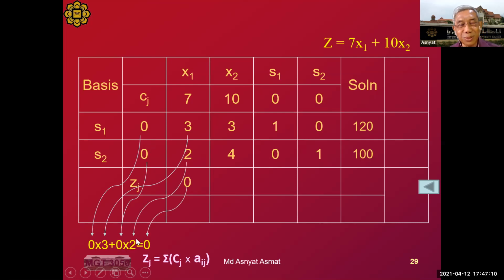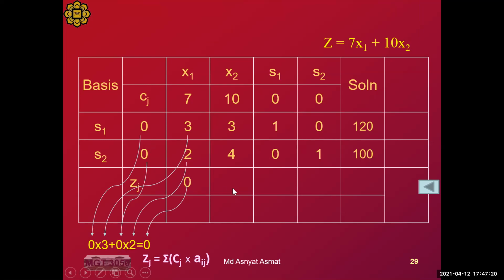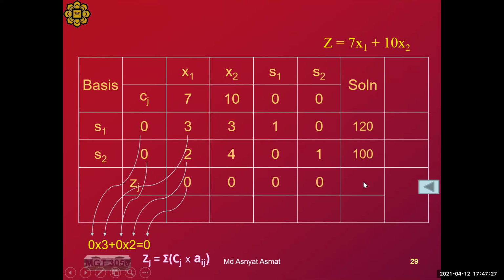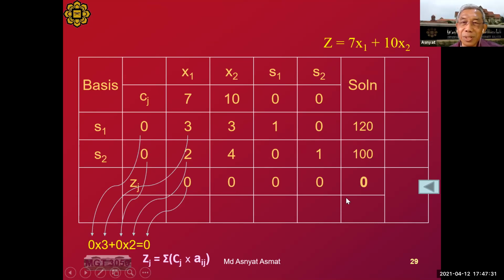Yeah, we get 0. How about the second one? The second row, Zj, column number 2, 0. Column number 3, 0. Column number 4, 0. Solution, 0.